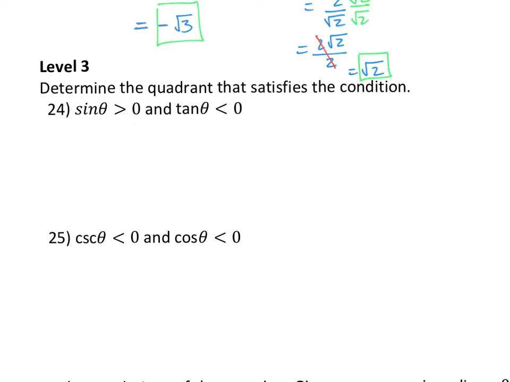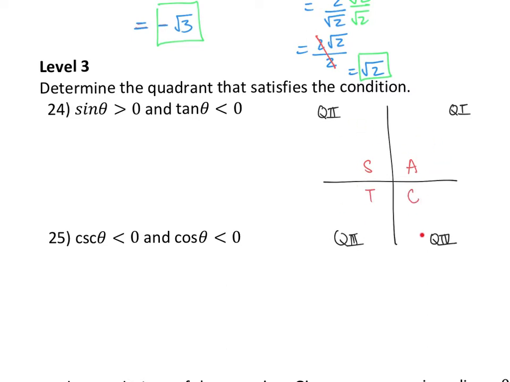This is where we go back to using that coordinate system that shows positive trig functions. So we have the first quadrant, the second quadrant, the third quadrant, and the fourth. And I use that acronym, All Students Take Calculus, to help remember which ones are positive in the specific quadrant.